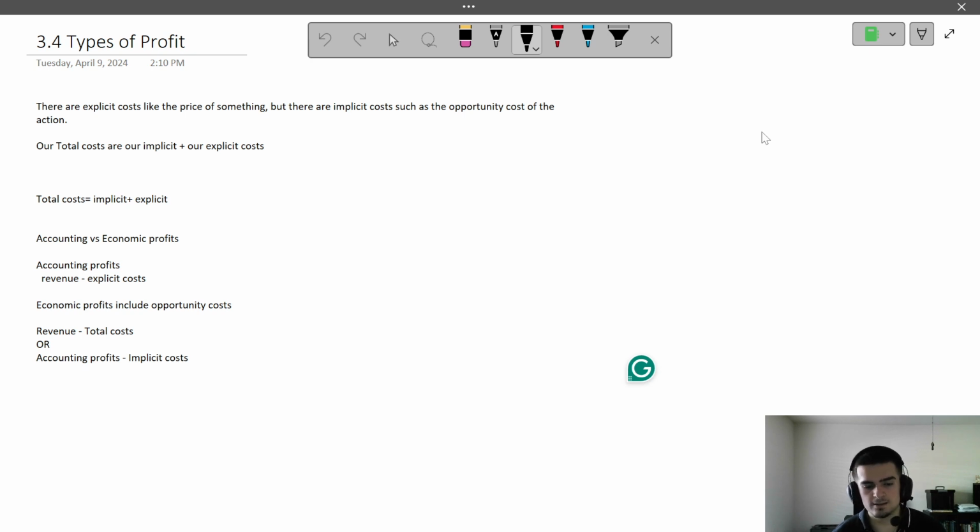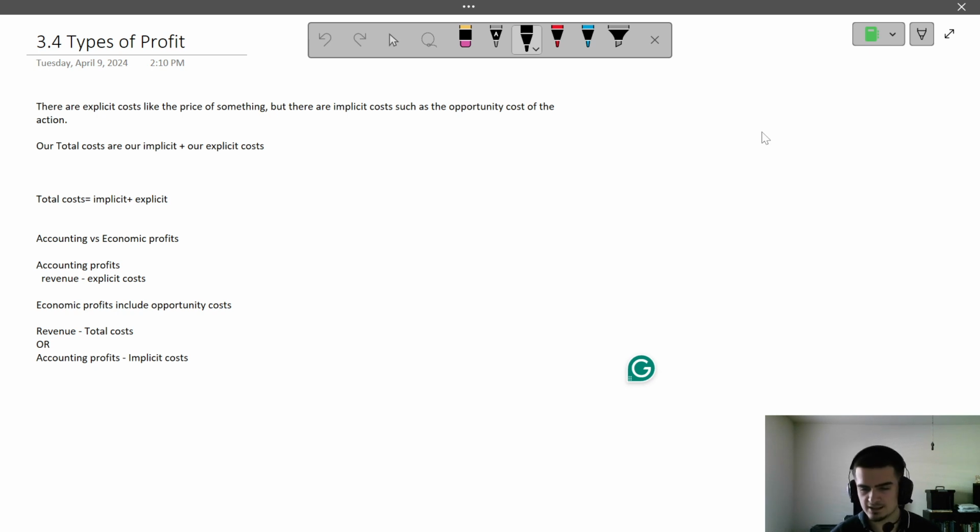Maybe your implicit cost of that movie ticket would be you could be working, right? Instead of watching the movie. So that 2 hours of what could have been work is your implicit cost, and whatever you make per hour would be how you'd calculate your implicit costs. So your total costs are your implicit plus your explicit costs.